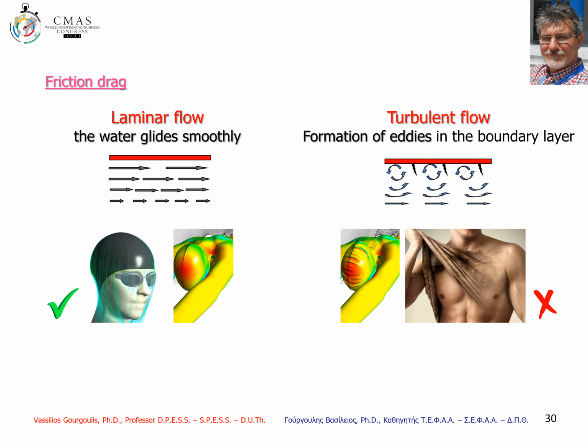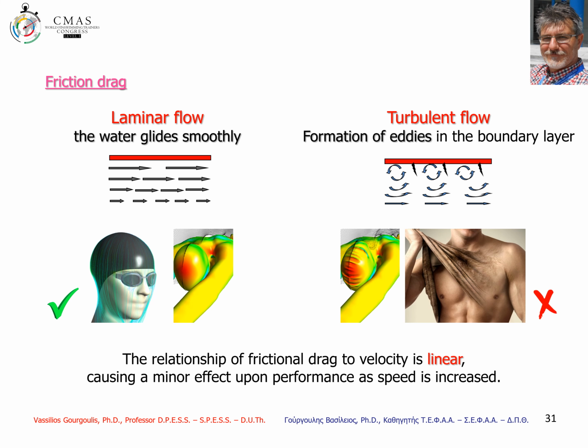Thus, the smoothness of the body surface, the hair, the tightness and the nature of the material of the swimsuit and the swim cap are main contributors to friction resistance. However, the relationship of the frictional drag to velocity is linear, causing a minor effect upon performance as speed is increased.